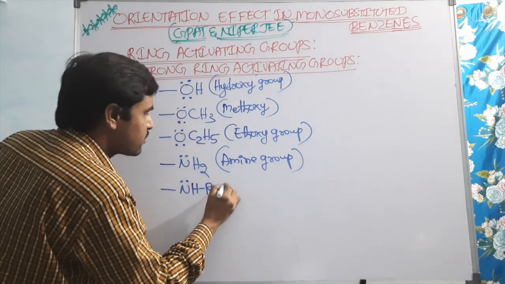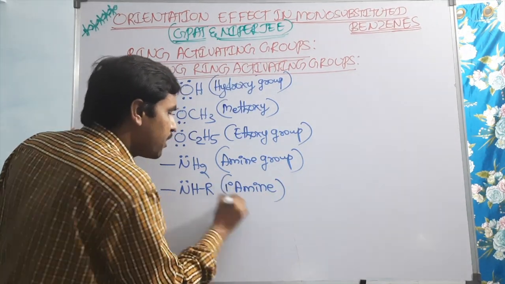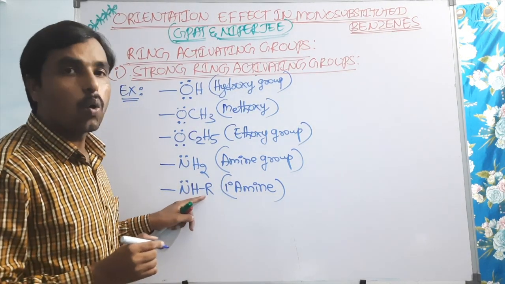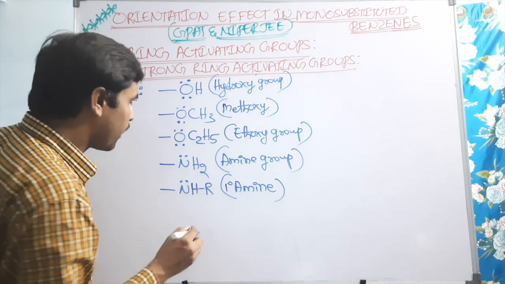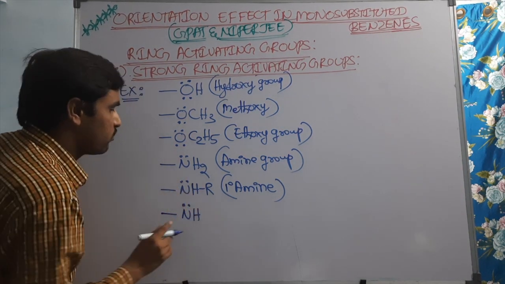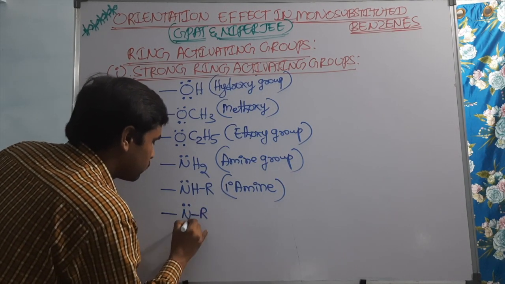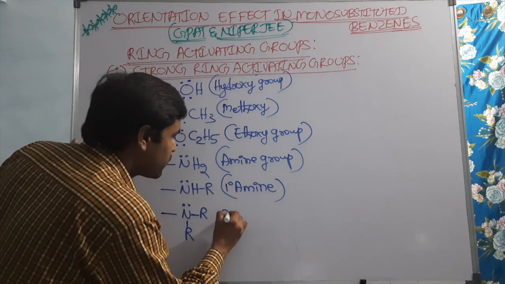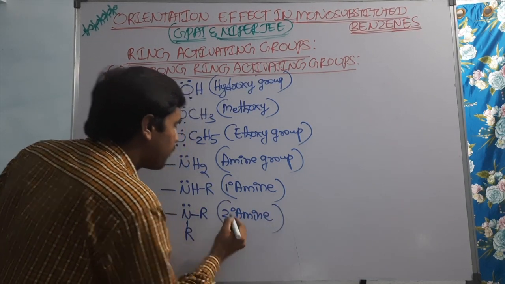This is called a primary amine. Why is it called a primary amine? Because of the presence of only one alkyl group. Now, this one is called a secondary amine.